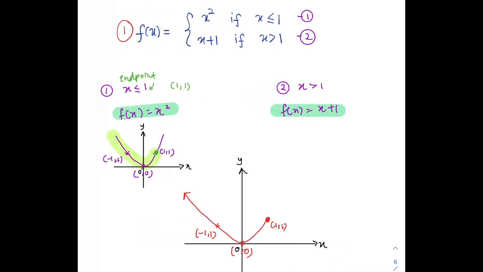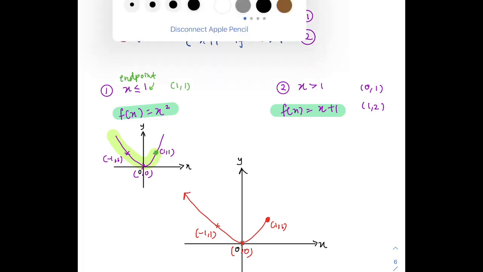The easiest coordinate is 0, so when x is equal to 0, your y is equal to 1. And for another one, let's just use our endpoint here. When x is equal to 1, your y is equal to 1 plus 1, which is 2. So now we have 2 coordinates. Let's graph the 2 coordinates.